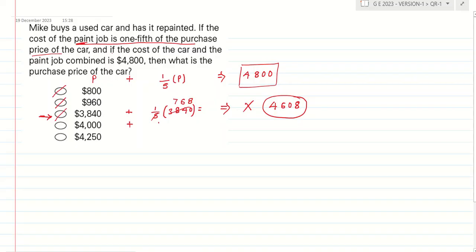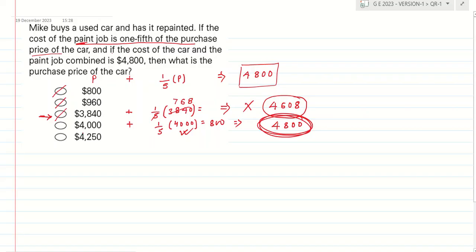So what is 1/5 of 4,000? It means 20% of 4,000. How much will you get? 800. If you add together, how much will you get? My target is achieved. Correct? 1/5 of 4,000, the painting cost, is 800.